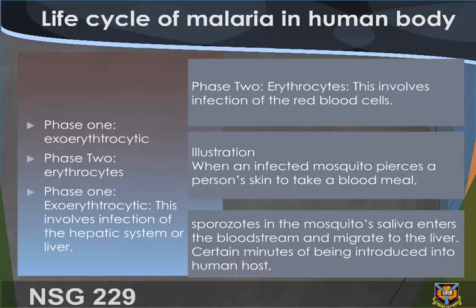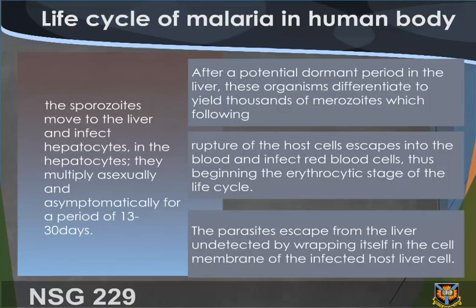Illustration: when an infected mosquito pierces a person's skin to take a blood meal, sporozoites in the mosquito's saliva enter the bloodstream and migrate to the liver, within minutes of being introduced into the human host. The sporozoites move to the liver and infect hepatocytes.